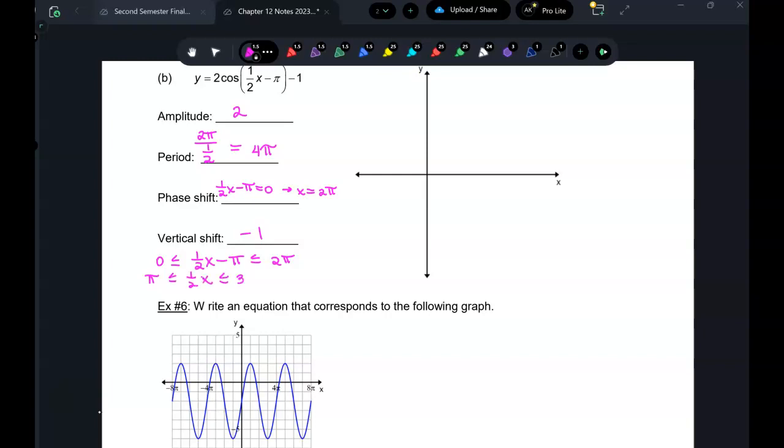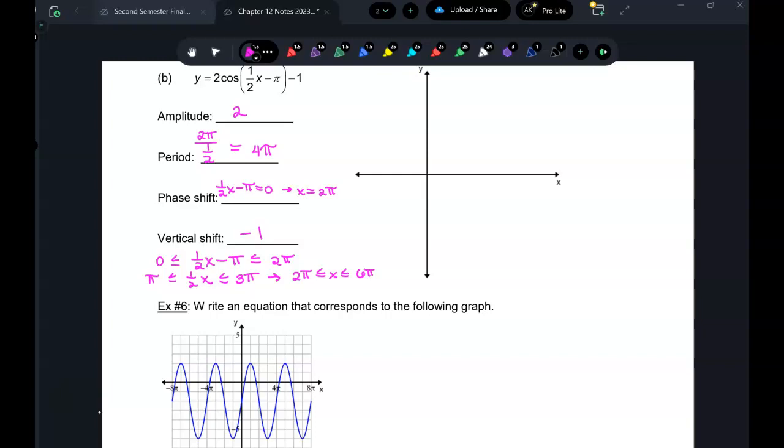If I multiply everything by 2 here, I'll get 2 pi to 6 pi. So we can write 2 pi at the x and y. If you want to relabel this and just call this 2 pi, I'm fine with that.